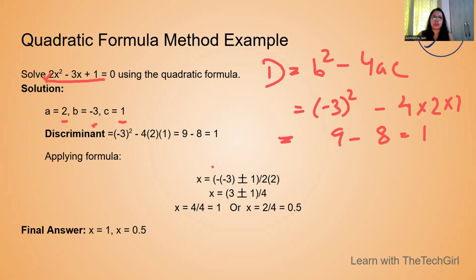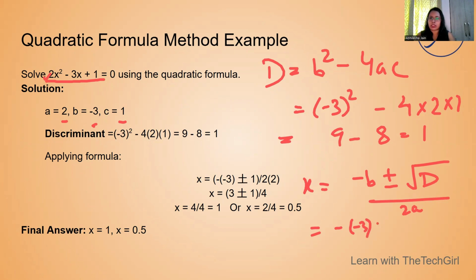So now you're going to use the formula. We have x is equal to negative b plus minus root of the discriminant over 2a. So negative b is negative of negative 3, plus minus root of 1, upon 2 times 2.